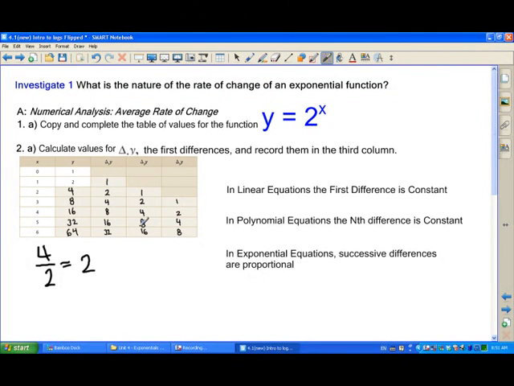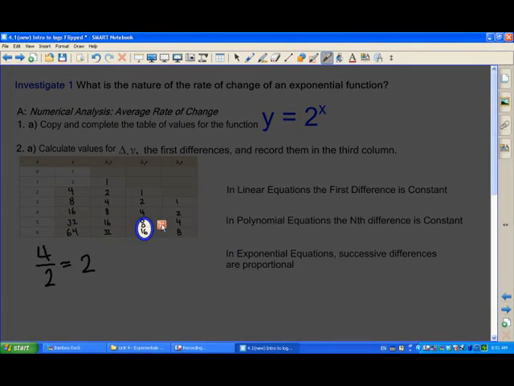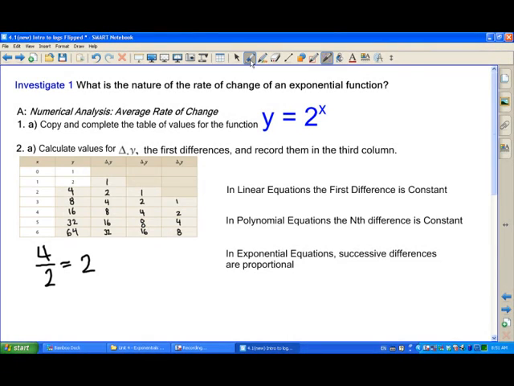If I look at other successive differences, and I divide one by the other, I also get a value of 2. And if I do that to any of these successive differences, we will always get this constant value of 2, our proportional value. And that's how we can tell by looking at a table of values if we're dealing with an exponential function.